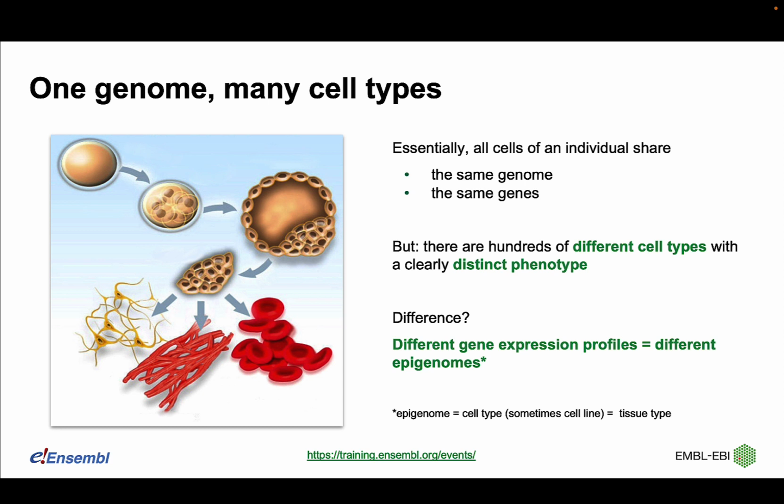So all of these cell types originate from a single hematopoietic stem cell. And what makes blood cell types different is how they express genes at different levels and at different times. We say that these different cells have different profiles of epigenetic expression or epigenomes.